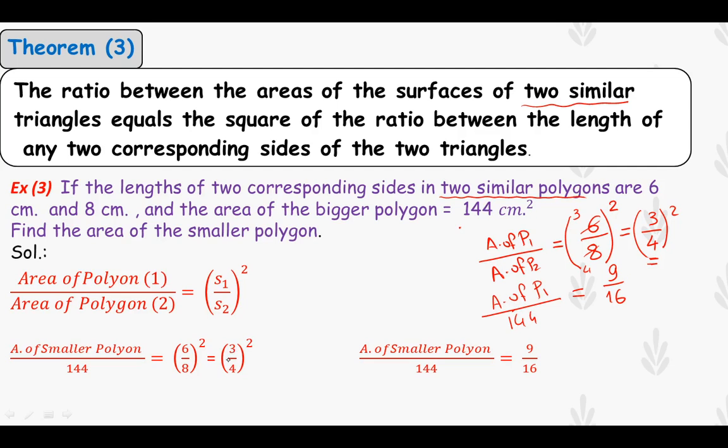Put in the simplest form, it will be 3 over 4 all to the power of 2, which equals 9 over 16. The area of the smaller polygon over 144 equals 9 over 16. Cross multiplication, so the area of the smaller polygon equals 9 multiplied by 144 over 16, which equals 81 cm squared. Let's go to another example.